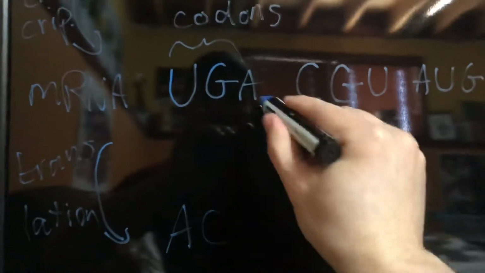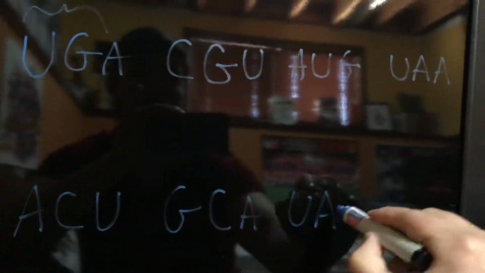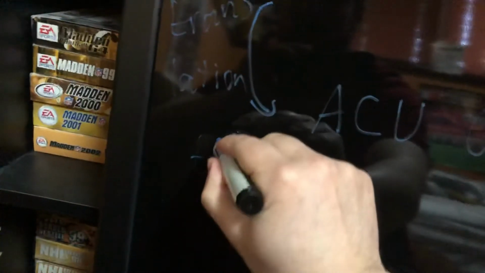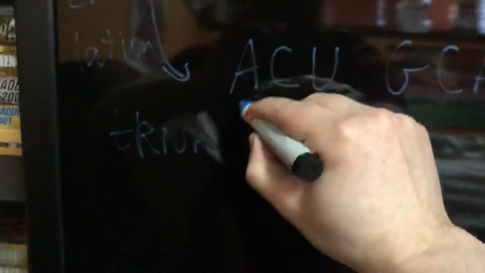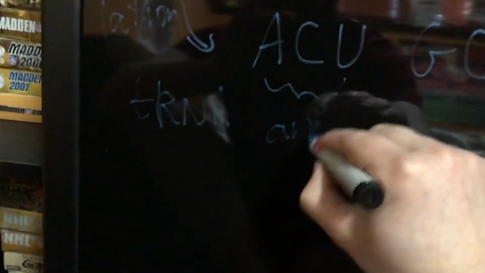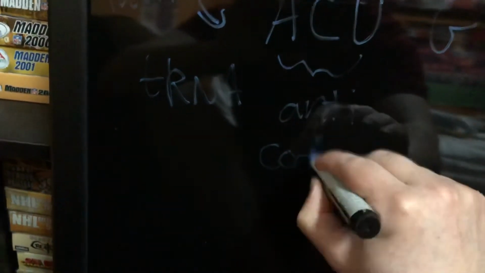So U becomes A, G becomes C, A becomes U, C becomes G, G becomes C, U becomes A, A becomes U, U becomes A, G becomes C, U becomes A, and then U and U. So these are our tRNA, and then these here are called anticodons.